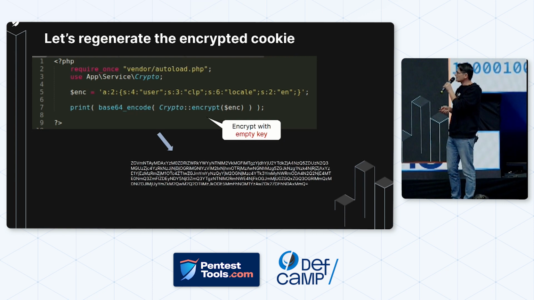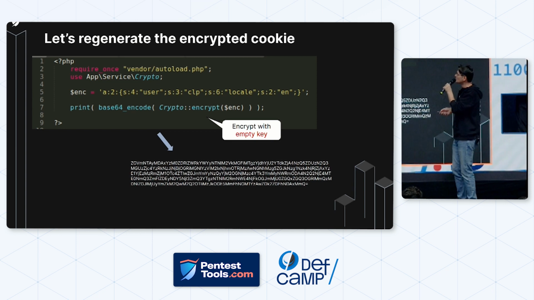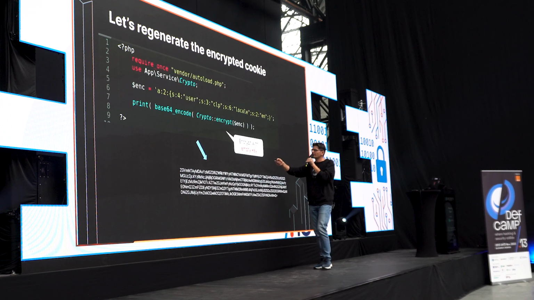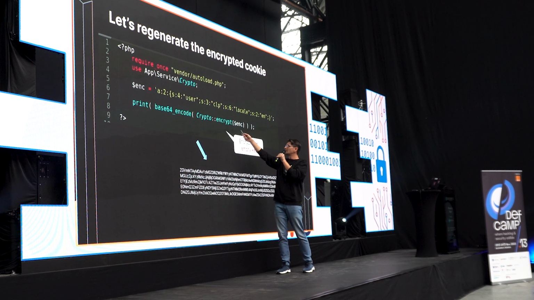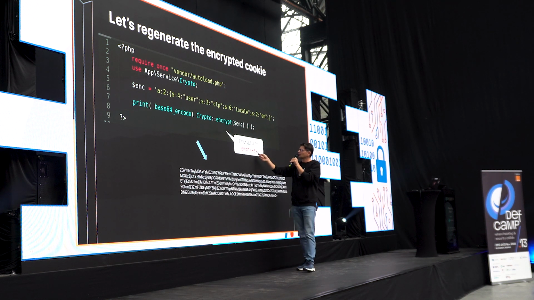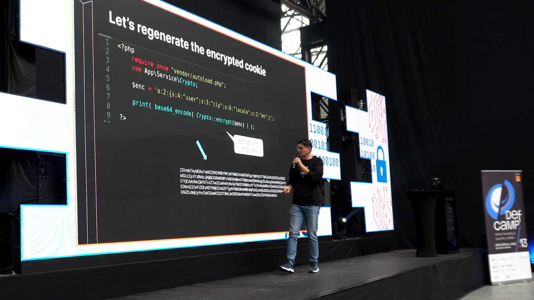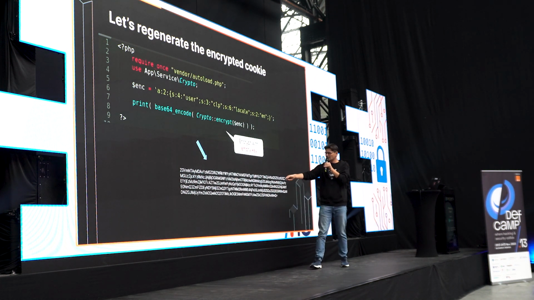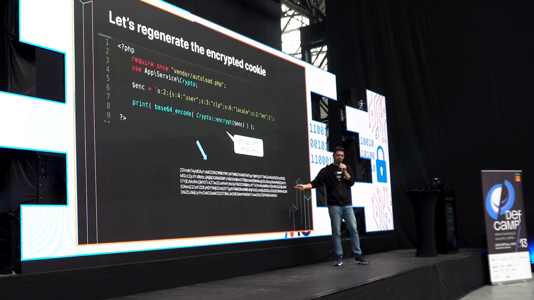And now we as attackers are able to regenerate that cookie and use it independently in our exploit. So this is a piece of code which does the reverse operation. It does encrypt that cookie, and it does encode base64, and we just obtain this cookie value from here.